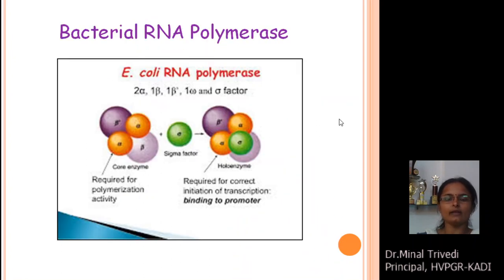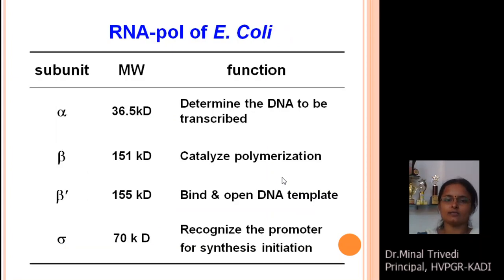So you can see over here the bacterial RNA polymerase consisting of the core enzyme of 2 subunits of alpha, one of beta, one of beta prime. That is known as the core enzyme. This core enzyme binds with the sigma factor. The resulting component is known as the bacterial RNA polymerase holoenzyme.